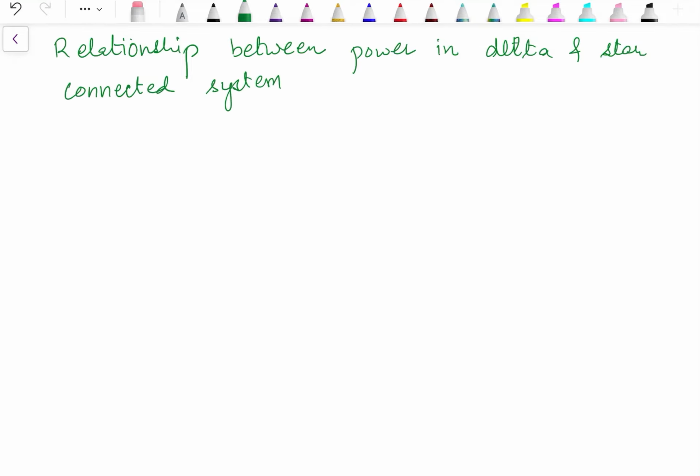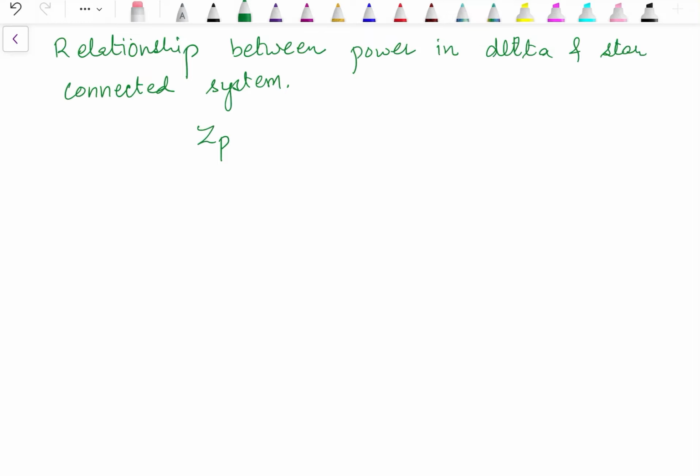Let's consider that we have the same load Zp which is connected in both star as well as in delta connection. Zp is the same, the supply system is also the same. Line voltage is the same for both the systems.